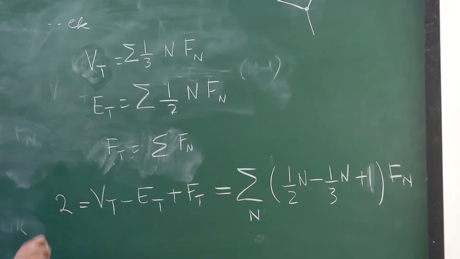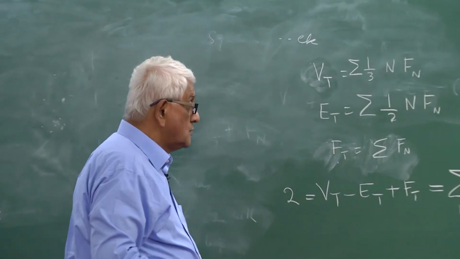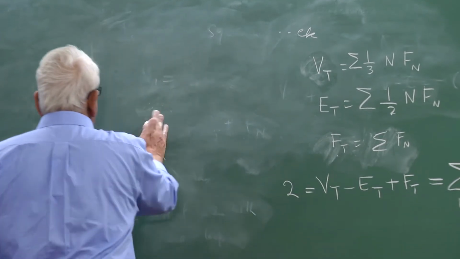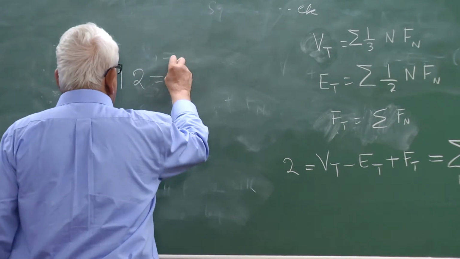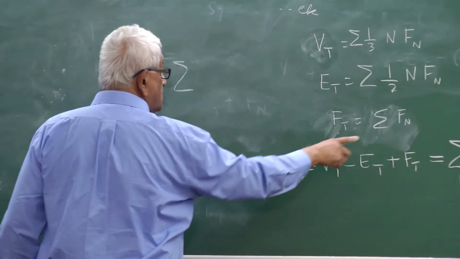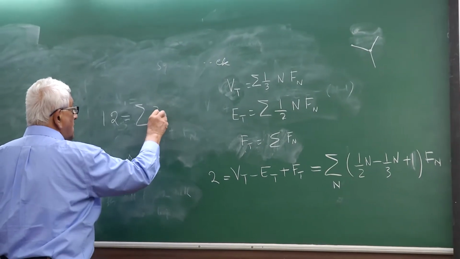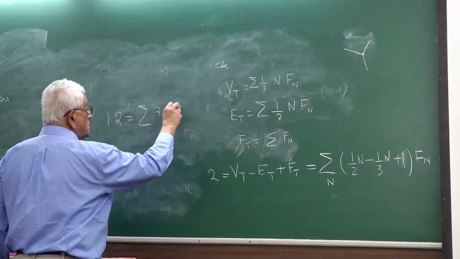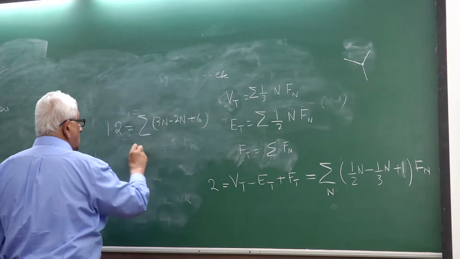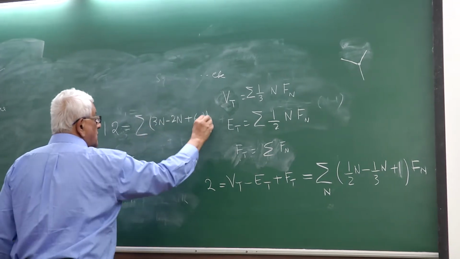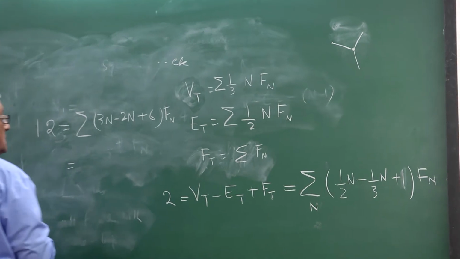If I multiply this by 6, but this thing for a sphere has to be 2, right. So if I multiply by 6, I get 12 is equal to the summation multiplied by 6. So that is 3n minus 2n plus 6, into F_n.